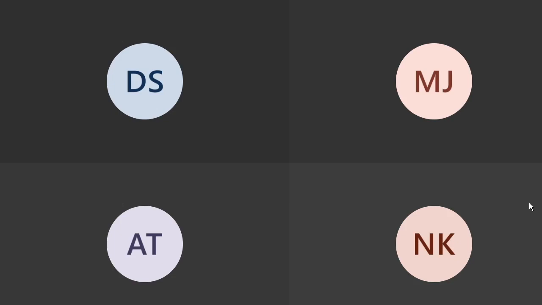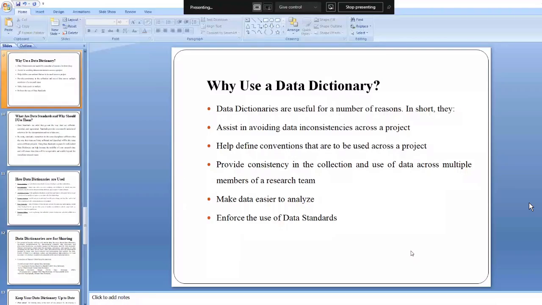Okay, so we were seeing how we can use the data dictionary in different places, and that it is useful for a number of reasons. It helps us in avoiding inconsistencies.